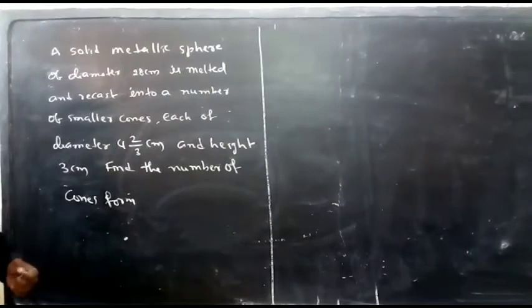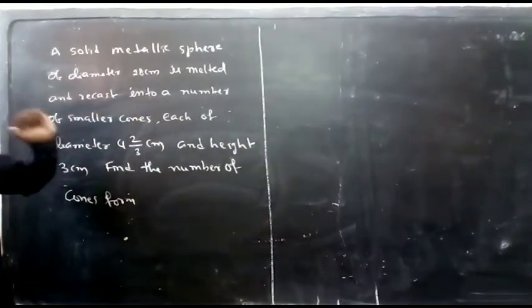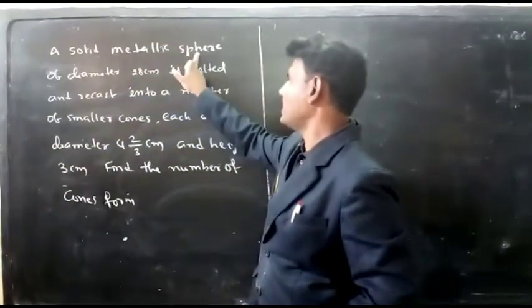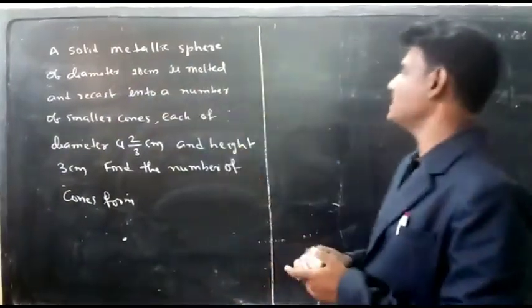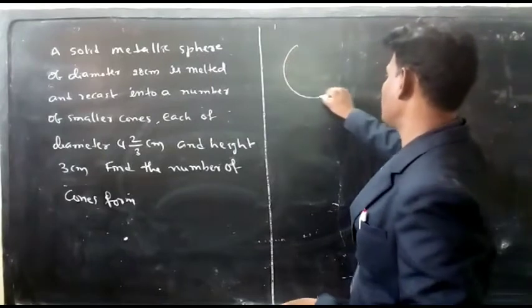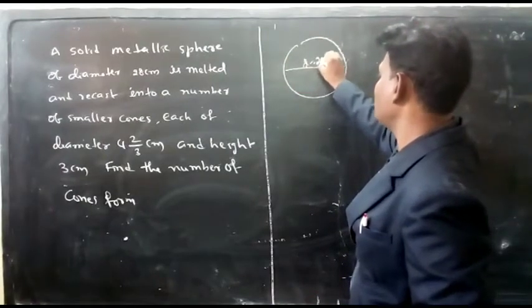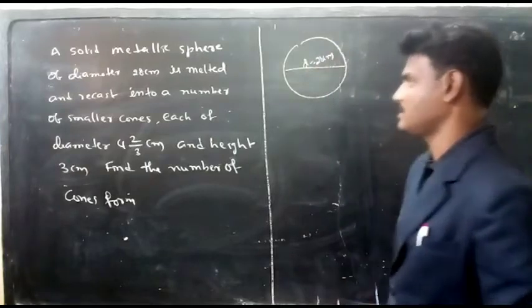10th class students, here is another question from exercise 10.4. A solid metallic sphere of diameter 28 centimeters. Here is one sphere, with diameter d equal to 28 centimeters.